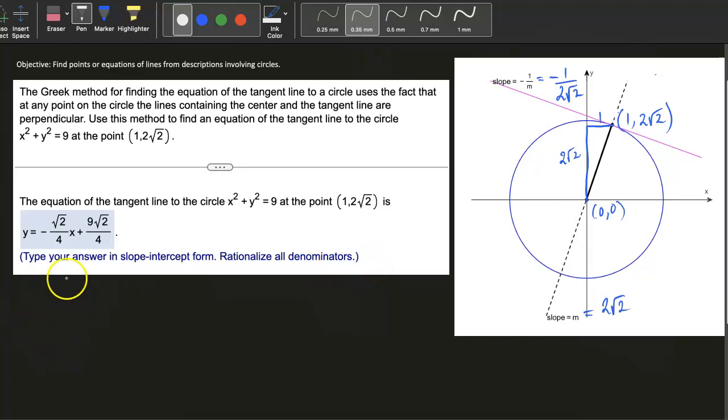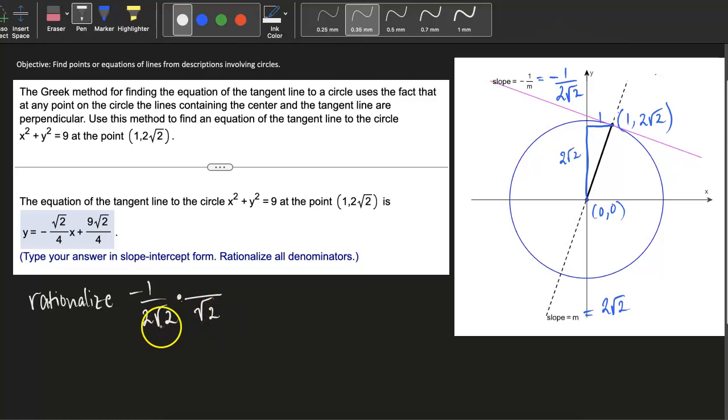So I'm going to come down here in this space and rationalize that slope, meaning I'm going to rewrite this value so that there is not a radical in the denominator. So to do so, I have to strategically multiply by some equivalent of 1 that will re-express this denominator so that there is not a radical there.